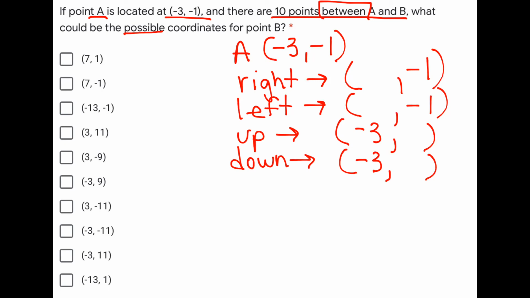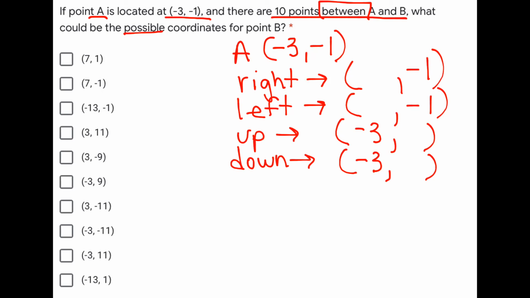So we automatically know that anything, well, we can't really go there yet. Okay. So we need to determine our right, our left, our up, and our down. So we need to find 2 x's and 2 y's.